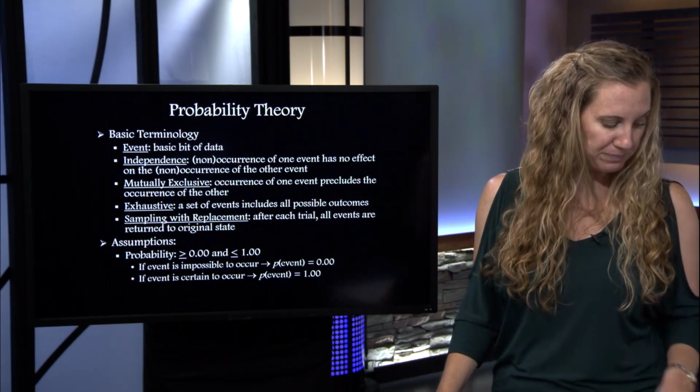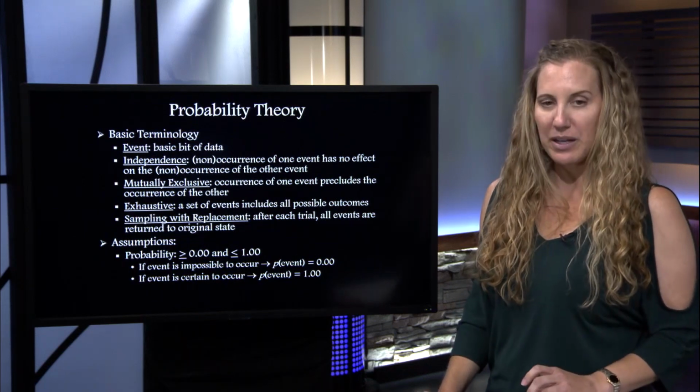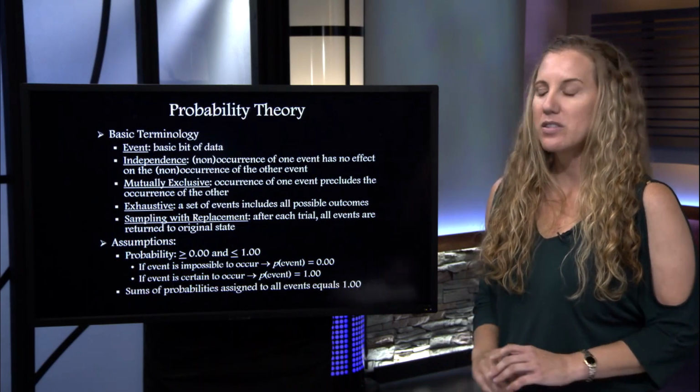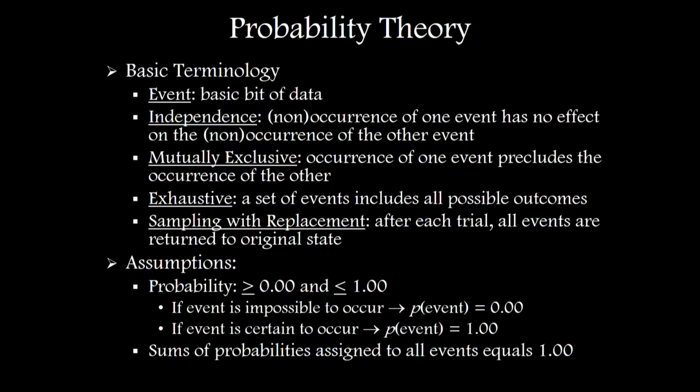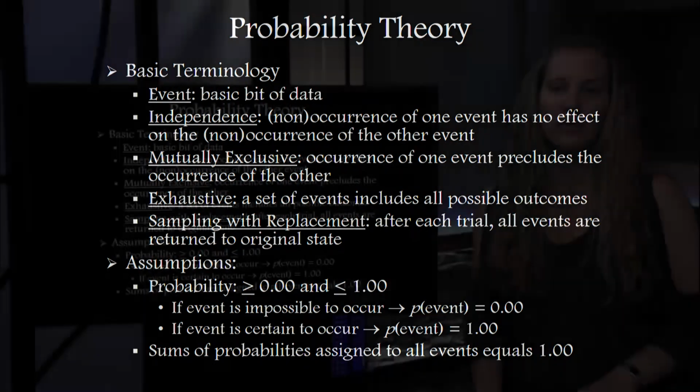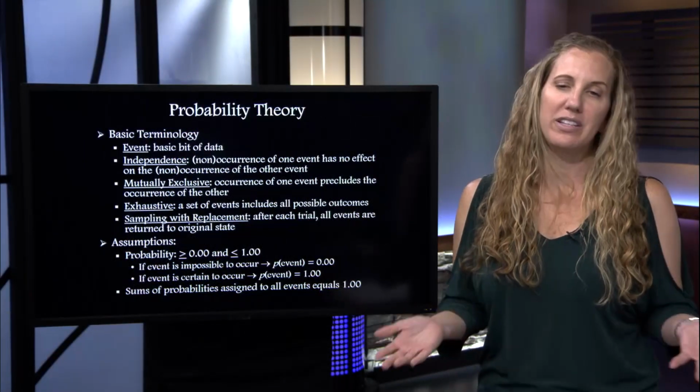And keep in mind also that the sum of all of our probabilities assigned to all events, if I add them all up, is going to equal 1.0. So the sum of probabilities assigned to all events is going to equal 1.0. So we'll keep it really simple.